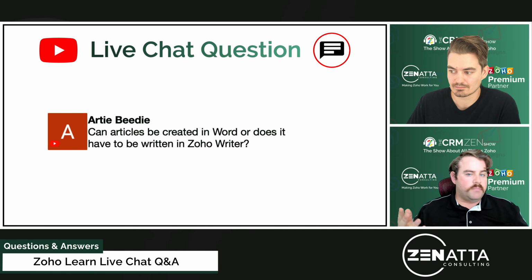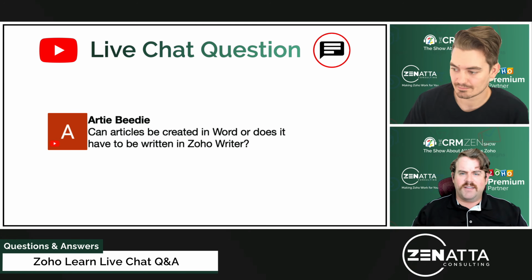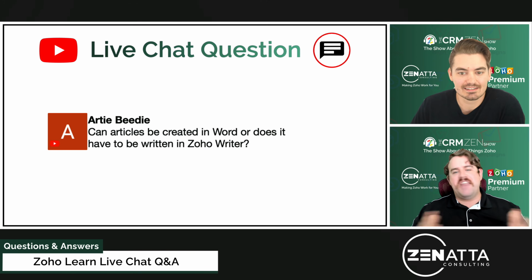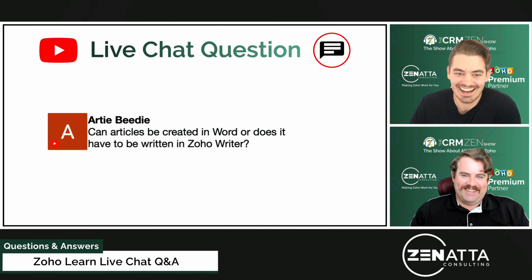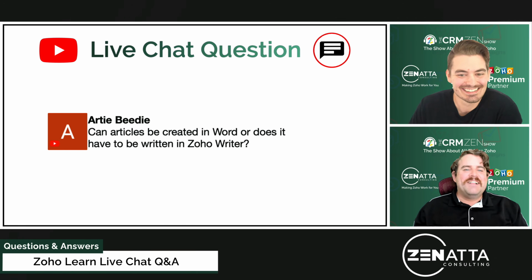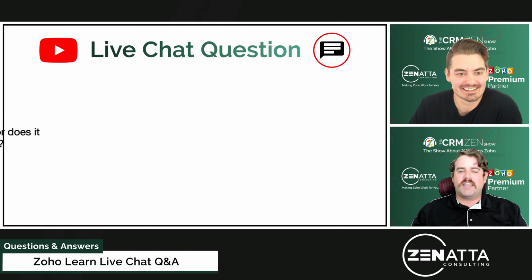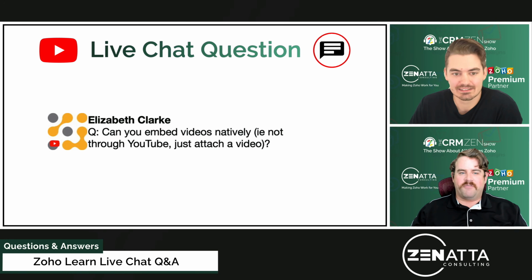Whether it's a doc or a Pages file, isn't Pages the Mac word processor? I'm using a Mac. I've never opened Pages. I haven't either. But yes, to answer your question, you can upload other file types.